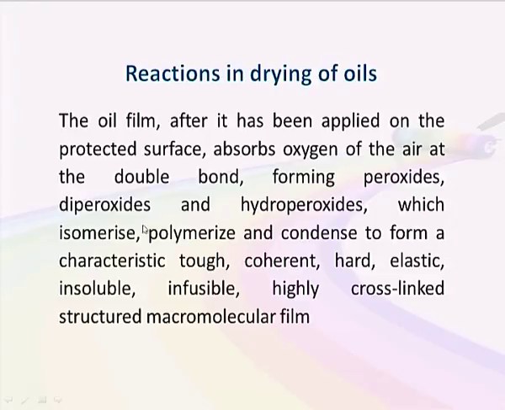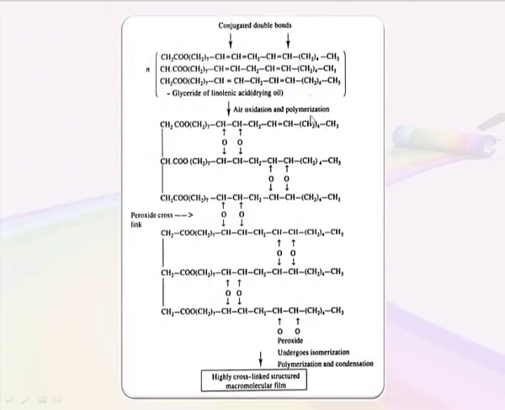They form diperoxides and hydroperoxides. Then they isomerize, polymerize and condense together to form a characteristic tough, coherent, hard, elastic, insoluble, infusible, highly cross-linked, structured macromolecular film.